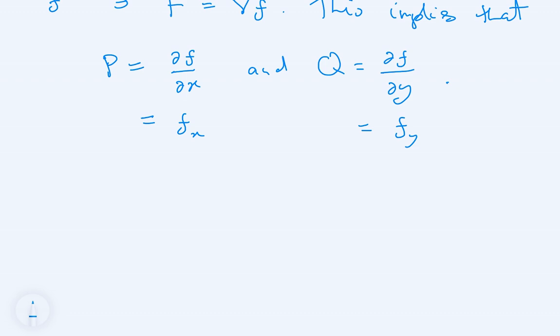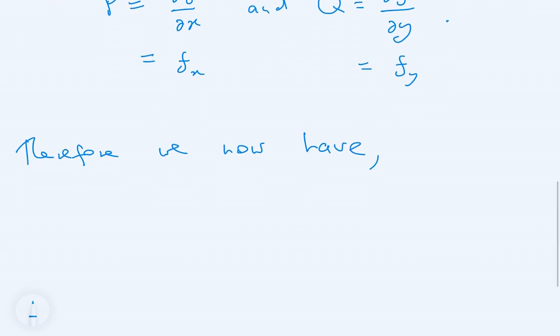Now we have the following implication. Therefore, if I partially differentiate P with respect to y, that means I must partially differentiate this partial derivative f with respect to x, and that will give me f subscript xy.